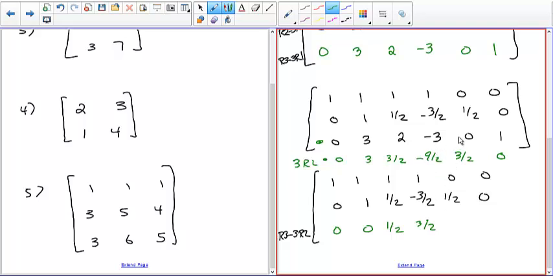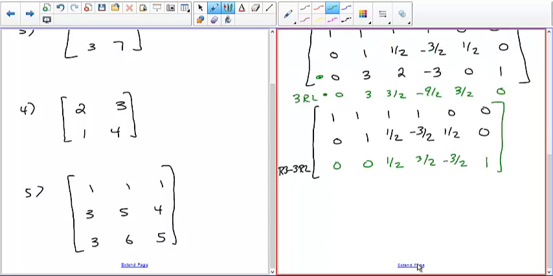Okay, then we have this minus that, which is 3 halves. Make sure I'm doing this right: this minus that, this minus that, this minus that, and this minus that. So that becomes 1.